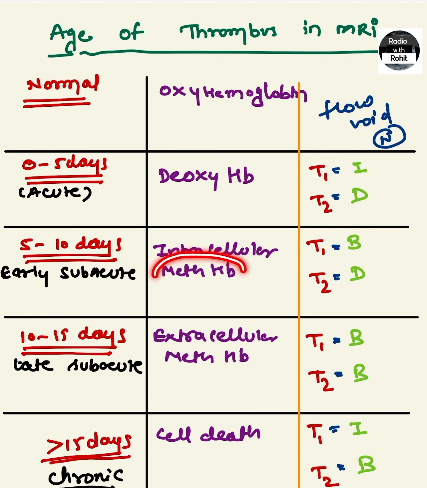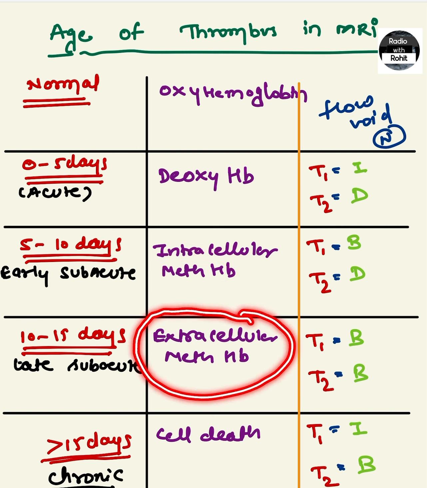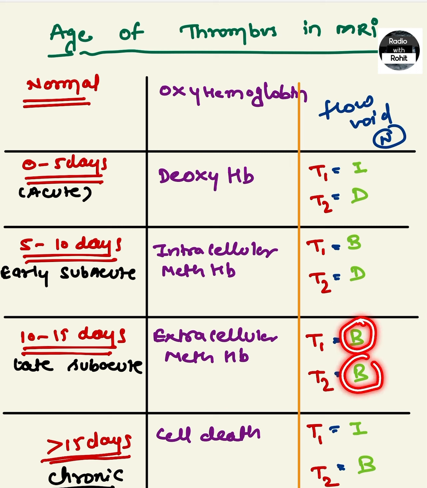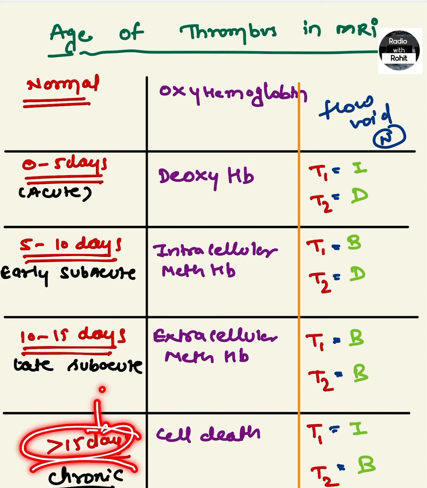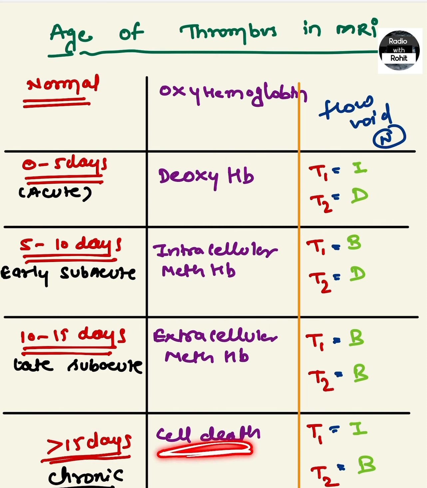Now there will be lysis of the cell and this methemoglobin will come out, so extracellular methemoglobin will be there. It will show the paramagnetic effect and there will be hyperintensity on both T1 and T2. If the age of the thrombus is more than 15 days, then we classify it as chronic. T1 isointense and T2 will be bright.